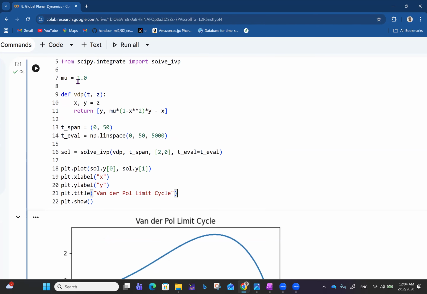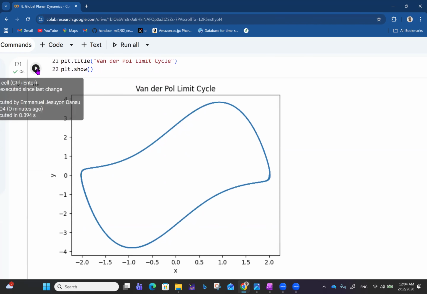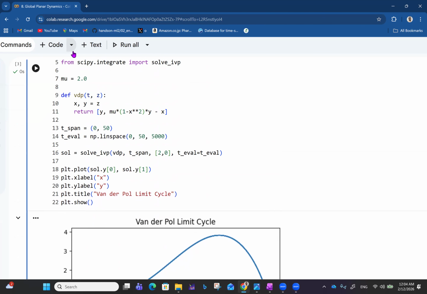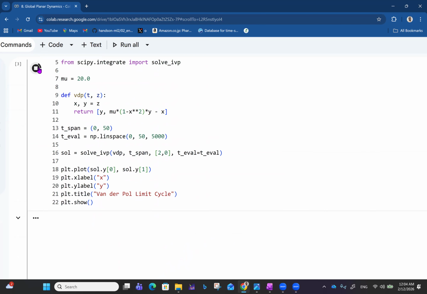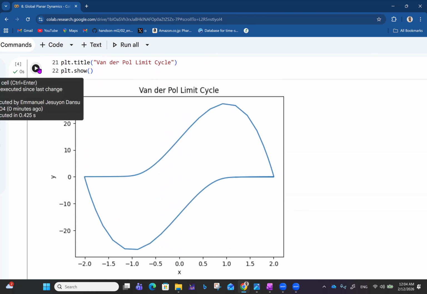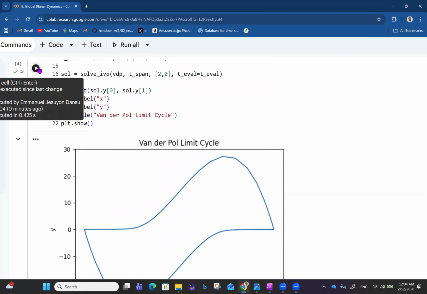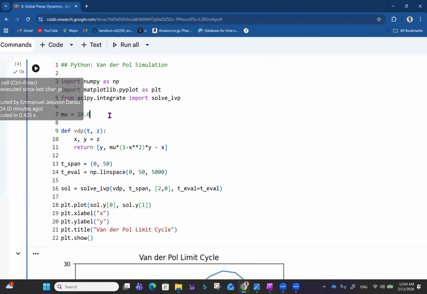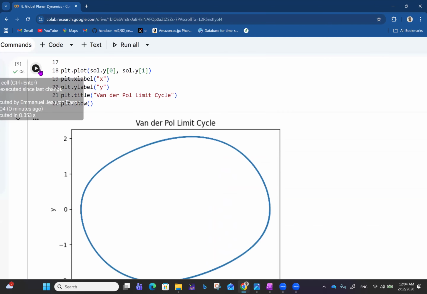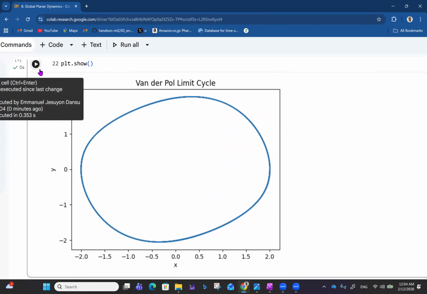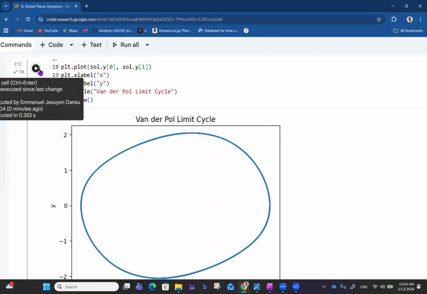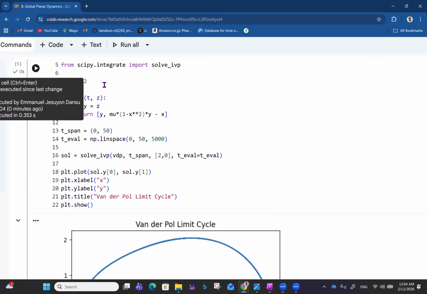What if we change this to say two? What happens? I'm not sure. Let me check. If we change it to two, the edges become sharper. Let me try to push limits. If you want to understand behavior, sometimes you need to. Now the more you push it, the sharper it gets. What if I do 0.2? What does that give us? The smaller it gets, the more the shape changes, so the edges get sharper and sharper as mu becomes bigger and bigger.